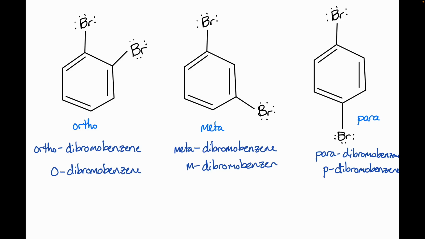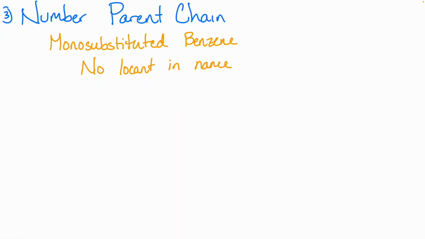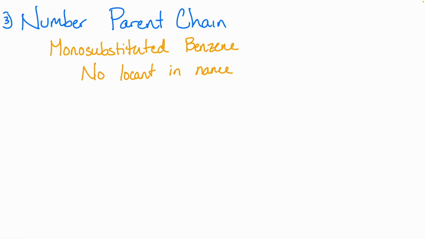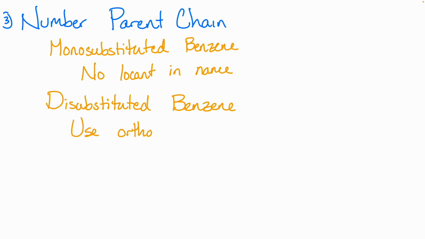All right, and so we said for monosubstituted ones, we don't have to include the locant. For di-substituted benzenes, we're going to use this ortho, meta, or para designation.